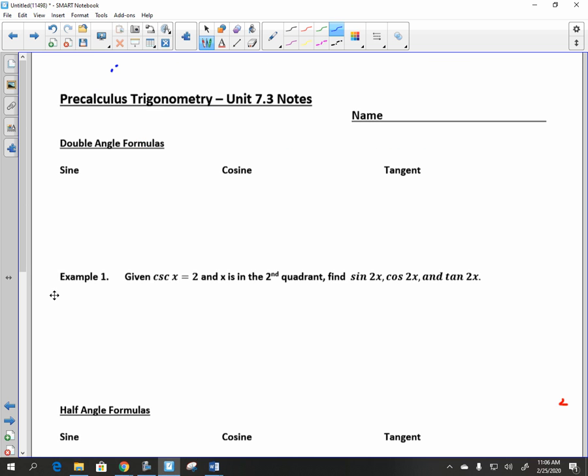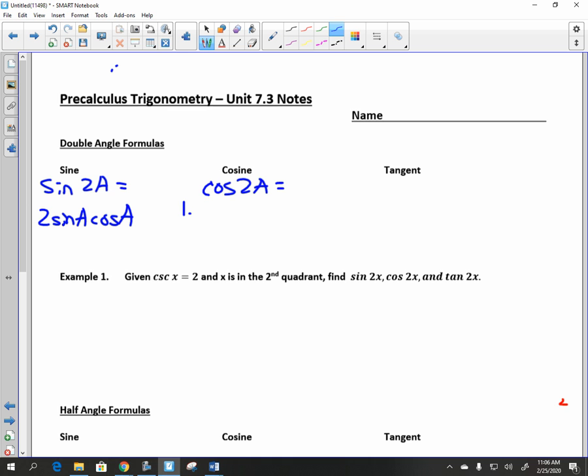Let's write it down. Sine of a double angle 2A is equal to 2 times the sine of A times the cosine of A. I just showed you where that came from. We can do the same type of process and come up with cosine of a double angle as well. There's actually 3 formulas you can choose from.